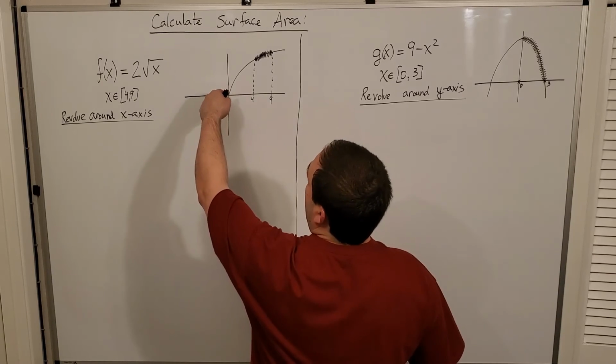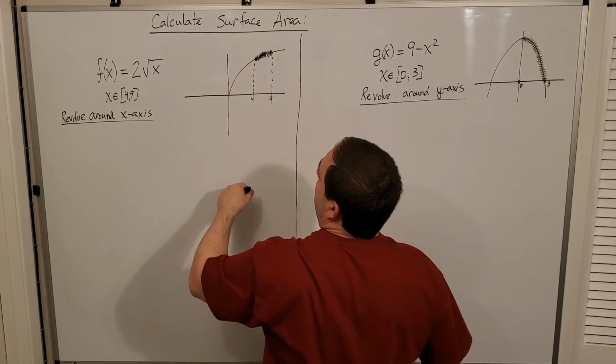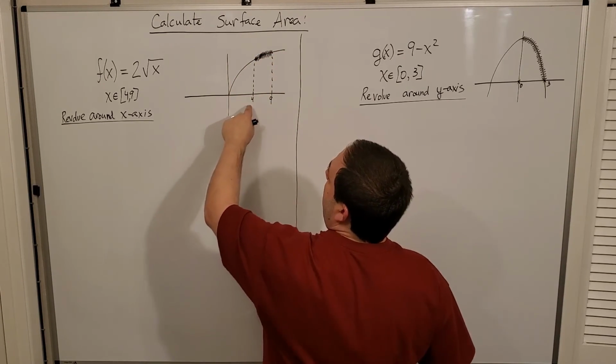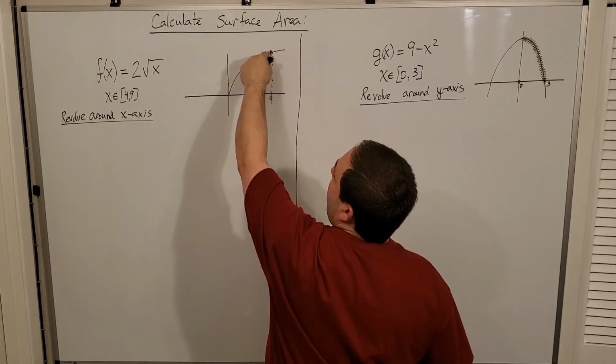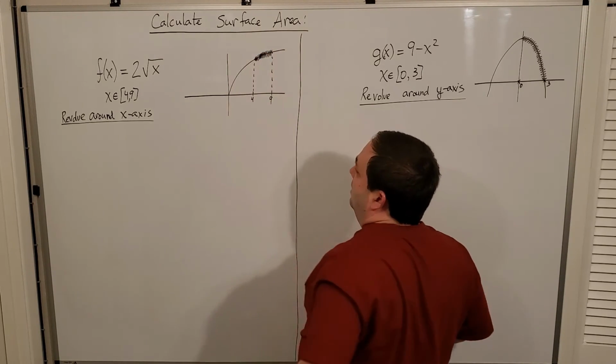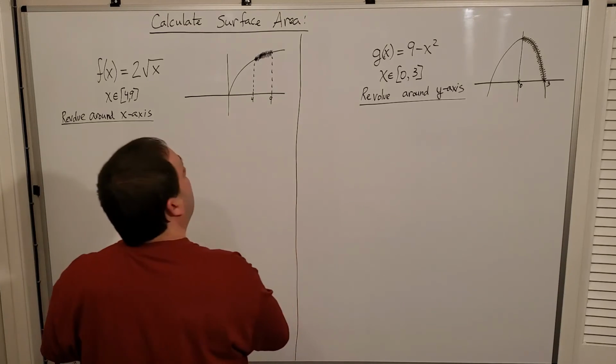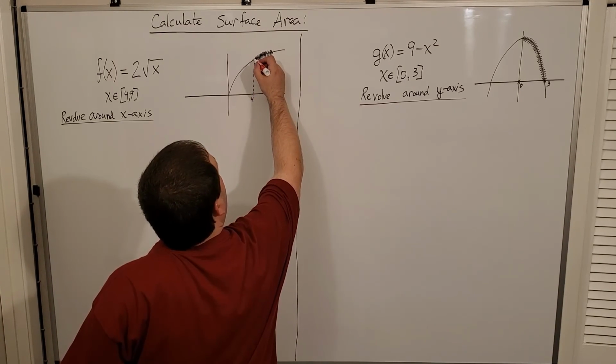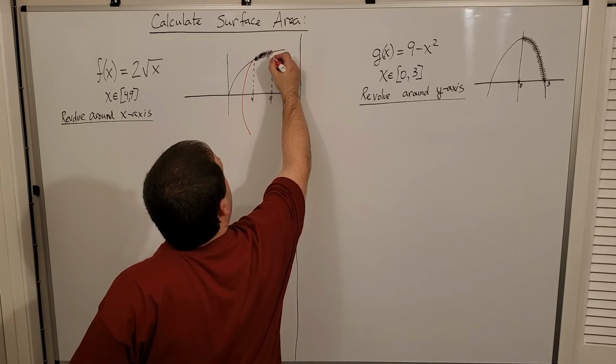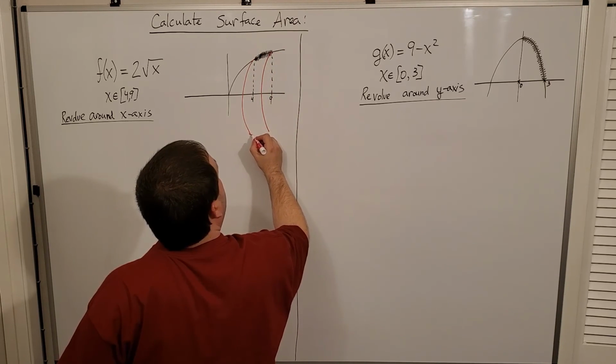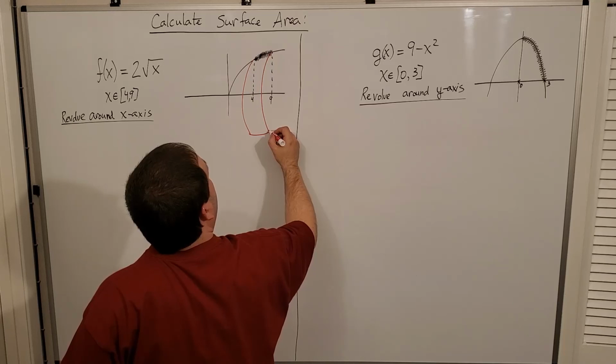So I have 2 square root of x here, and I'm interested in the interval from 4 to 9 here, which is this piece of the curve here. And I want to take that piece of the curve and I'm going to revolve it around the x-axis here, right? So it's going to be something like that.